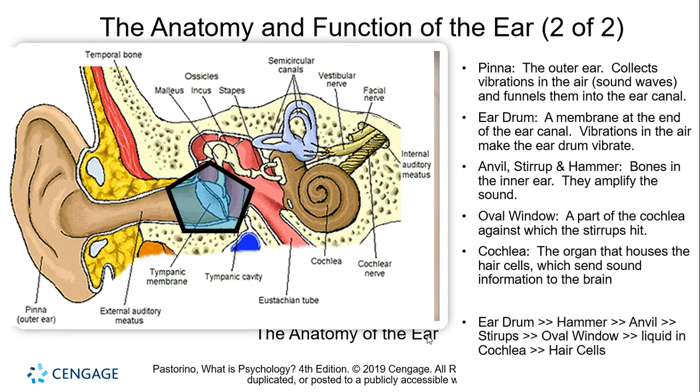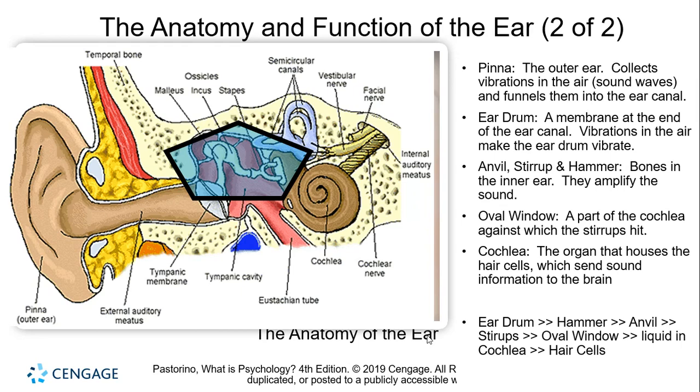And your eardrum is just a membrane, and when the sound waves hit it, it just kind of shakes a little. Now, attached to your eardrum are your hammer, your anvil, and your stirrups. And these guys are bones, and what they do is that they amplify the sound. They make the sound stronger.